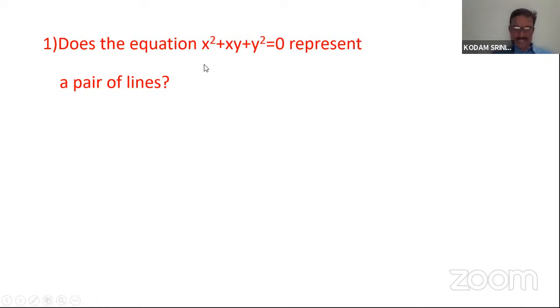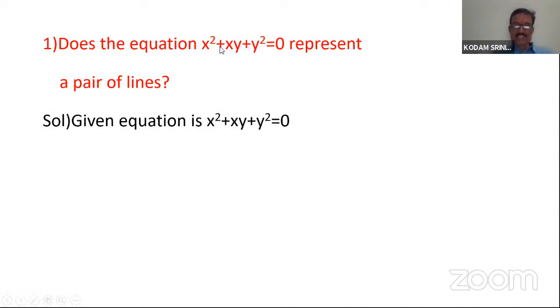So equations of this type may not represent the pair of straight lines. Let us check whether this equation represents the pair of straight lines or not. The given equation is x square plus xy plus y square equal to 0.